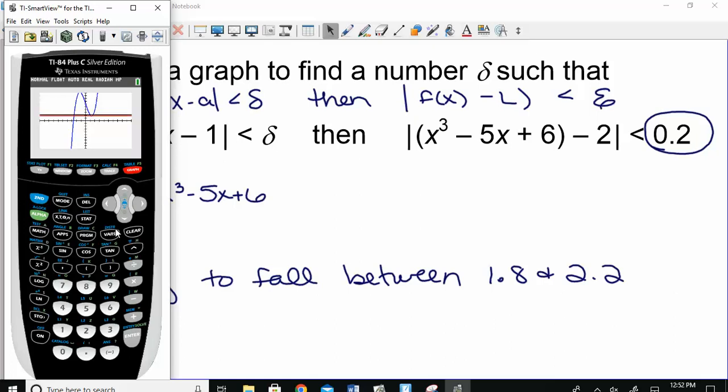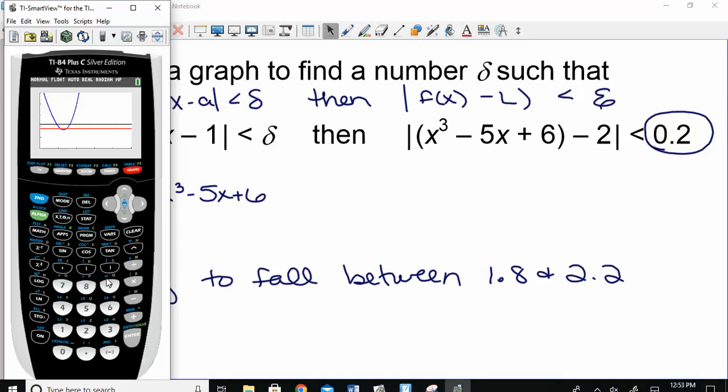Am I really seeing a lot here? No, so we might need to adjust our window. It looks like they're intersecting over on the positive side, so maybe my x min will be 0. Maybe I make my x max 5. Y's, let's just go from 0 to 5, see if we get what we need. So there's my graph. There's 1.8.